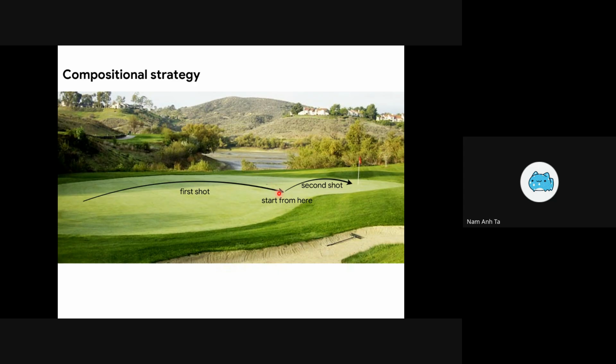You start from where you finish your first shot. And the inverse strategy means that after you finish your first shot right here, you normally start from here so the ball can hit the hole. But in the inverse compositional strategy, you assume that you can actually move the hole to that spot.